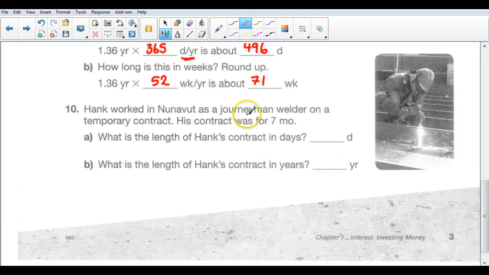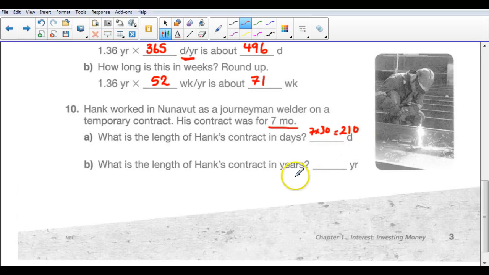Okay, Hank worked in Nunavut as a journeyman welder on a temporary contract. His contract was for 7 months. What is the length of Hank's contract in days? Well, we know there's 30 days in a month. We're talking about 7 months, so we can just take 7 times 30, and that would be 210 days.